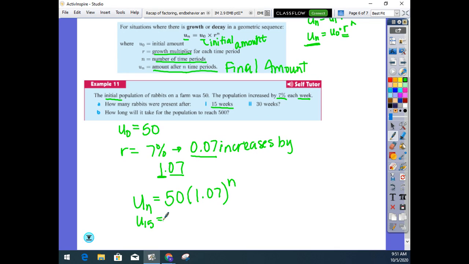And one thing that's nice, if this is going to be a calculator problem, I would go in and actually type this equation in for Y sub 1.